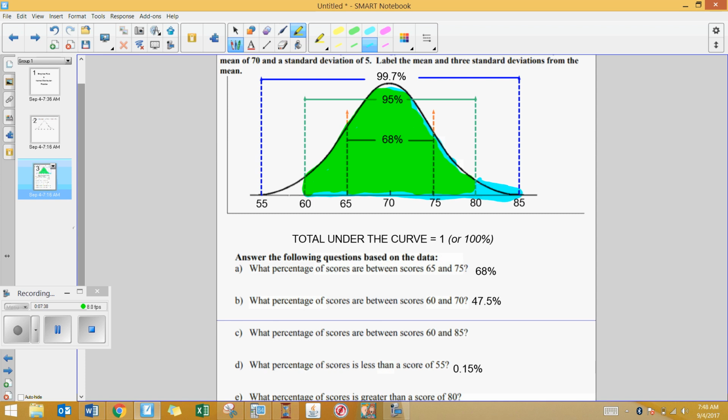Well, let's consider if the green piece is 95%, and the blue is 99.7%. How much further out did I have to go from the green to get to the blue?